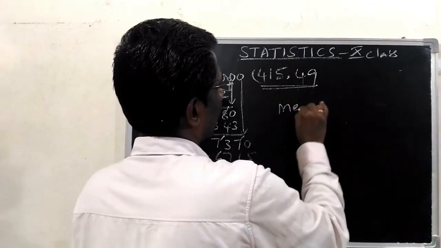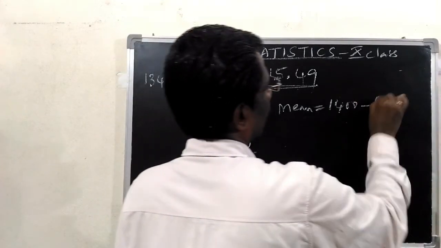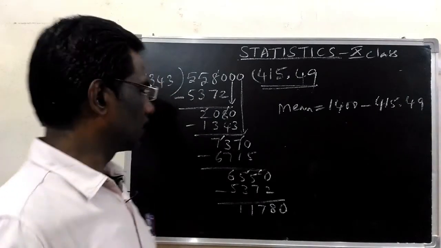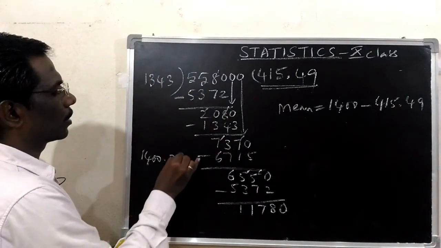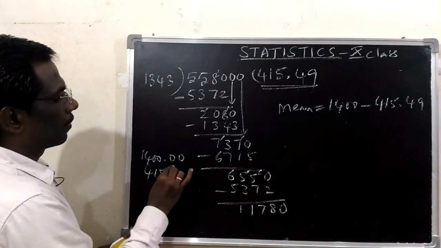Therefore, mean is equal to 1400 minus 415.49. If you subtract that value, 1400.00 minus 415.49.